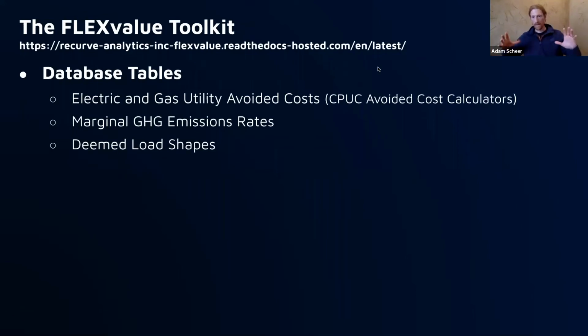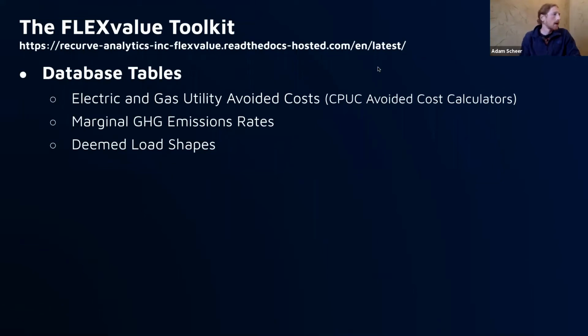And you can download that database as a CSV or as a SQLite table and just use it directly. You can query it directly, and there's no macro-driven interface that you have to figure out in order to get these data at your fingertips.